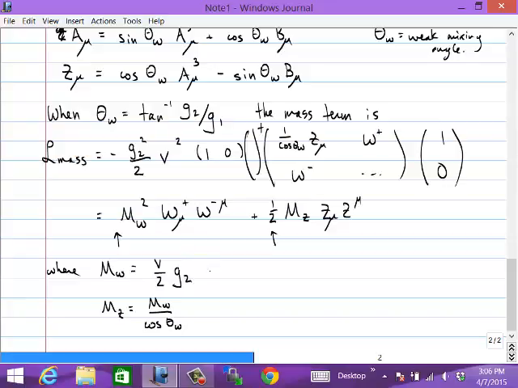Observationally, these are both a little less than 100 GeV, with the W bosons being slightly lighter than the Z bosons. And so comparing those two, the weak mixing angle is pretty small, but not that small.